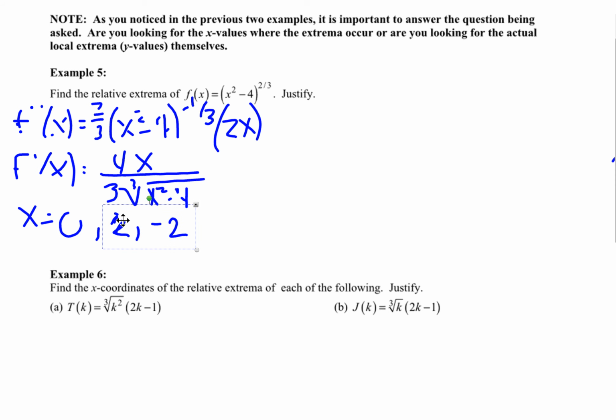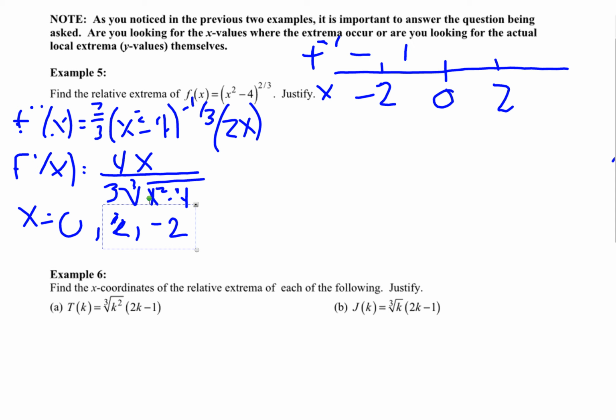Okay, so put those on our number line. These are our x values, and we're testing f prime. All right, so you can plug in numbers on your own, or I can just tell you, and you can hopefully trust me. Negative, positive, negative, positive. So we're asking, find the relative extrema.